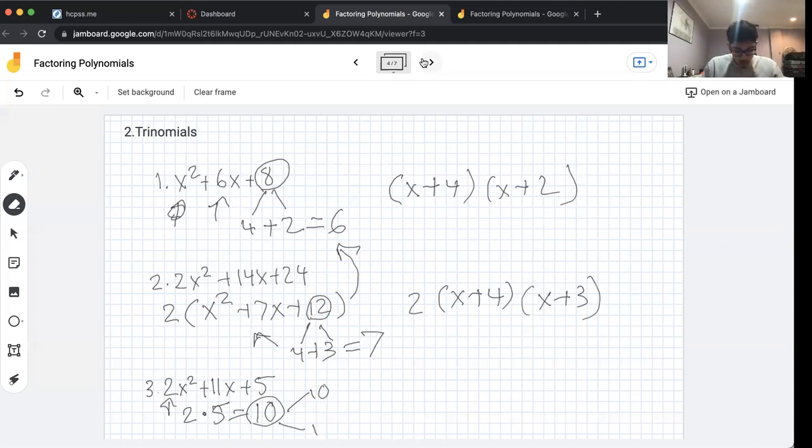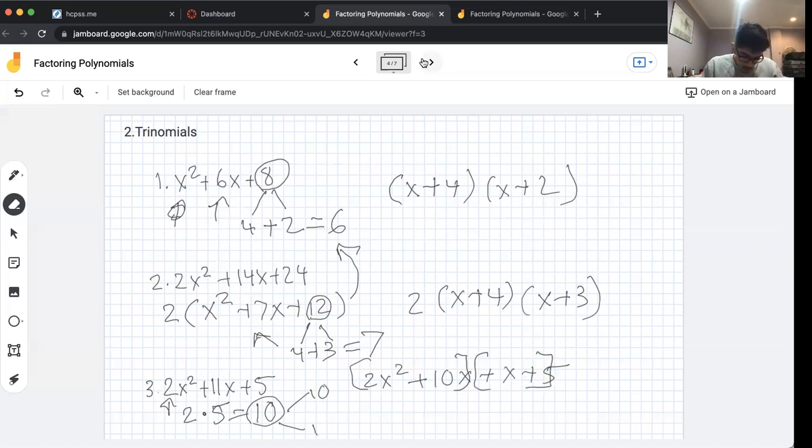All right. So now instead of writing how we factored it the way we did for the last two, we can group these and split the middle term, putting 2x squared plus 10x plus x plus 5. Now, using grouping, we can separate these two expressions and factor out what we need.